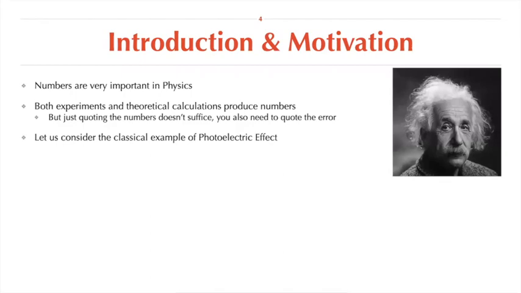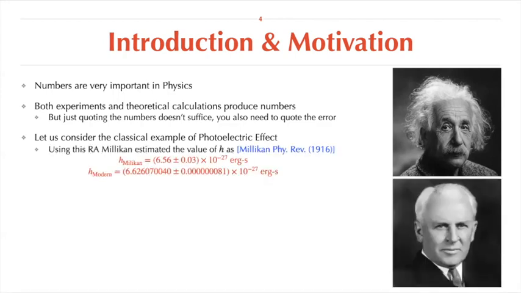Although I've talked about two examples already, one from general relativity and the discovery of the Higgs boson, let me give one more example. Let's consider the classical example of the photoelectric effect. Let me say a few words about it. This happens when a photon of sufficient frequency falls on a metal.